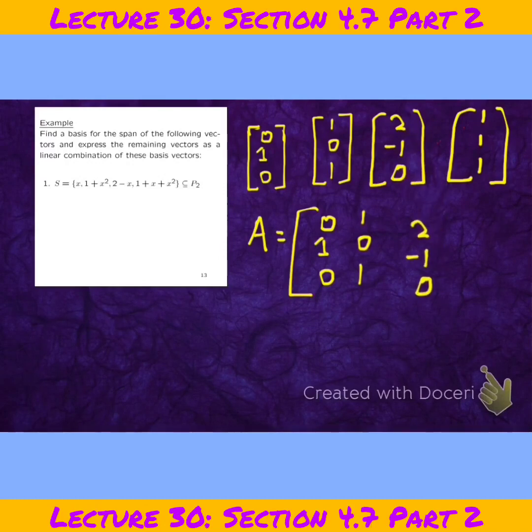There's my third column of my matrix. And my last column is the last column that I obtained, corresponding to the last vector in S.